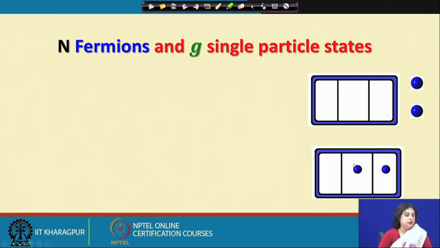I also know that a typical microscopic state of this system may be generated like this, where I have assigned 1 ball each to these 2 compartments, leaving the leftmost empty. But at this point, we are asking the question under the condition that the number of single particle states is greater than or equal to the total number of fermions available.